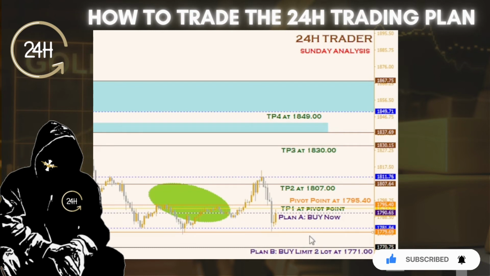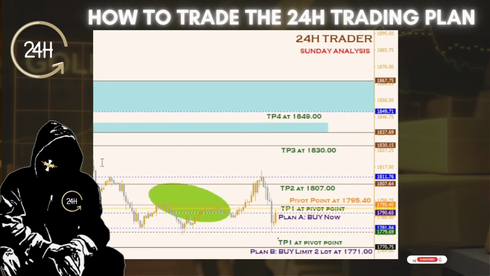I'm also placing TP2, take profit level 2, and take profit level 3 up to take profit level 4. You can also use a partial take profit if you want, because I believe that we have different kinds of trading styles. I only use a single entry and with mitigation, with double lot mitigation.